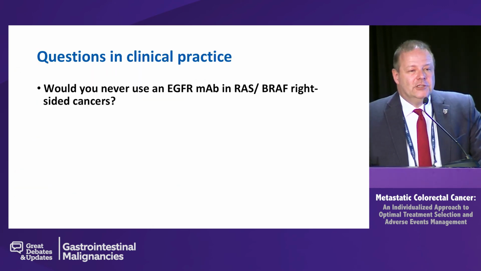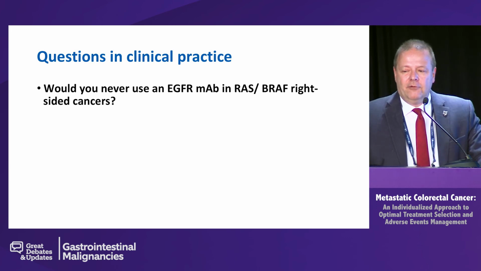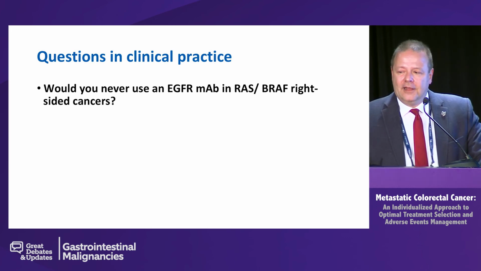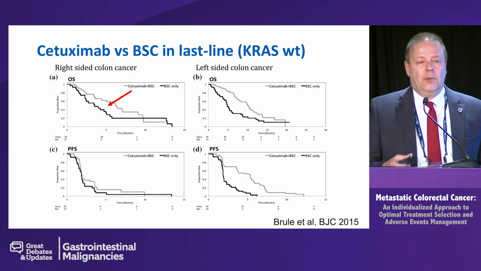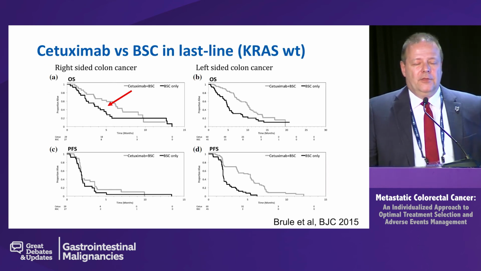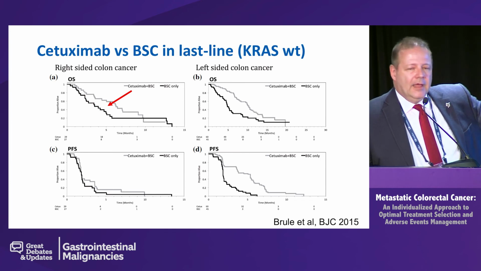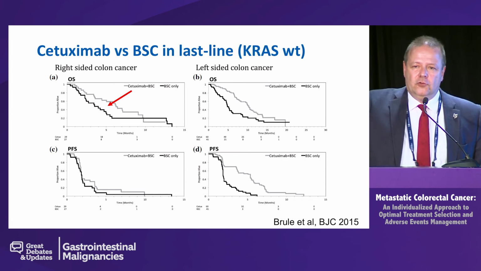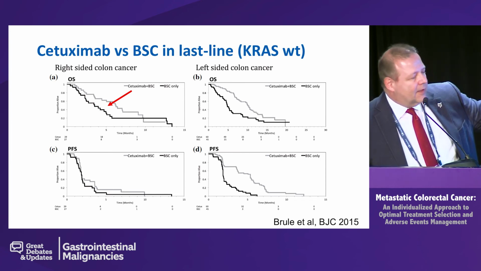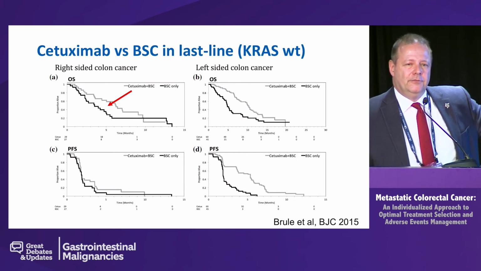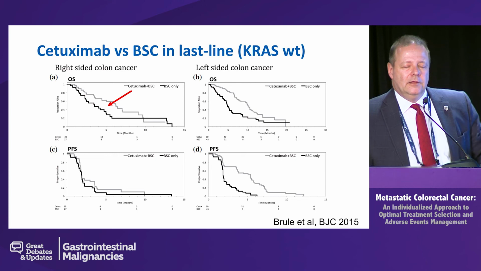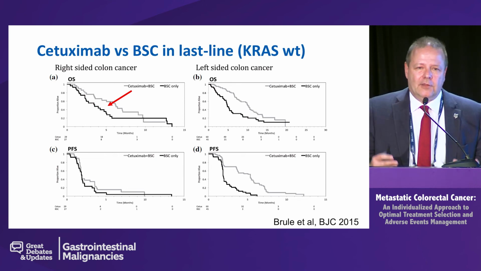Would I never use EGF receptor antibody in RAS, RAF wild-type right-sided cancers? I would, because I might not use it early on, but there is actually published data in this last-line study, cetuximab versus best supportive care. There's a survival split. It's not completely negative here on the left-hand side, a difference in survival in the right-sided tumors.